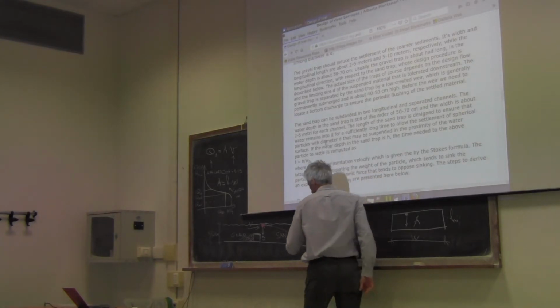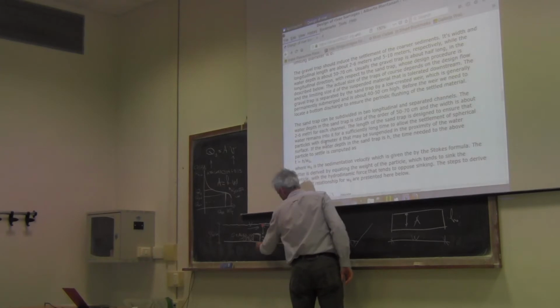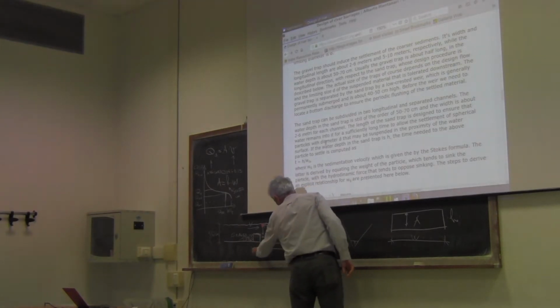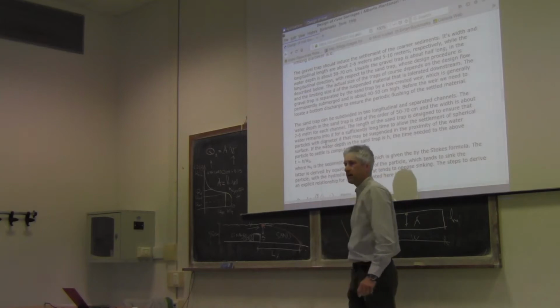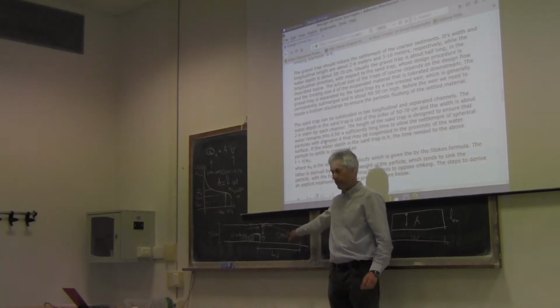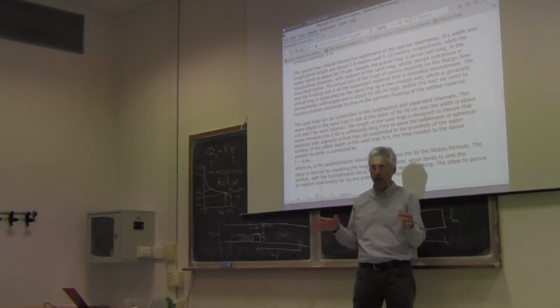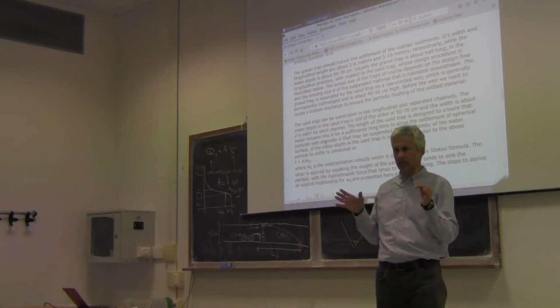We indicate with the symbol LD the distance along the horizontal direction needed by this particle to reach the floor, and LD is the required minimum length of the sand trap.